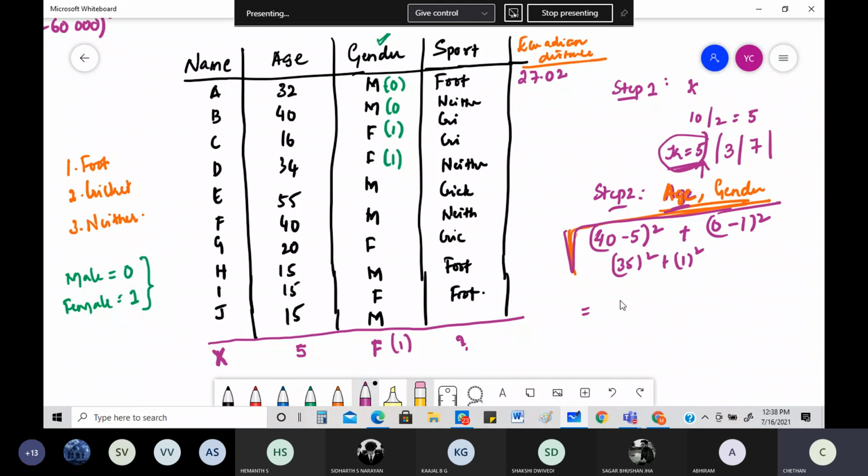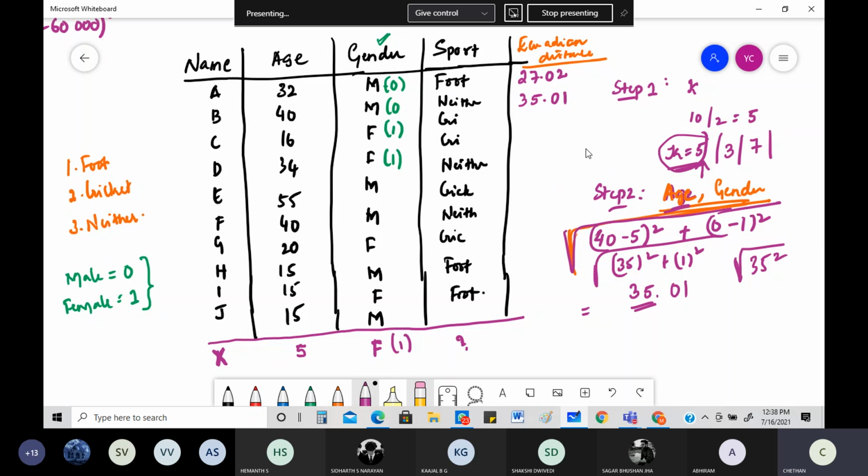What is the value you get? Square root of everything, you get almost 35. Why? Very simple. Because 1 is a very small number. In fact, you get 35.01. This is almost the square root of 35 whole square, which is nothing but 35 only.